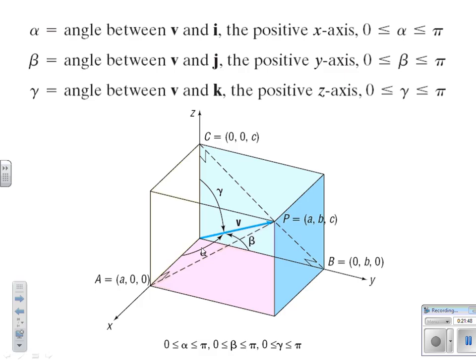So alpha is the angle between your x-axis and your vector. Beta is the angle between V and J, or the y-axis. So here's beta right here. And gamma is the angle between V and K, or the positive z-axis. So between your vector and here is gamma.